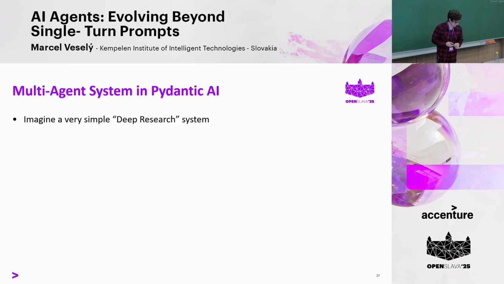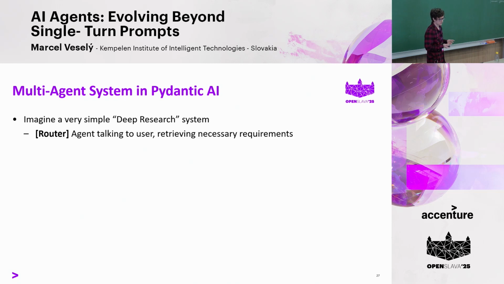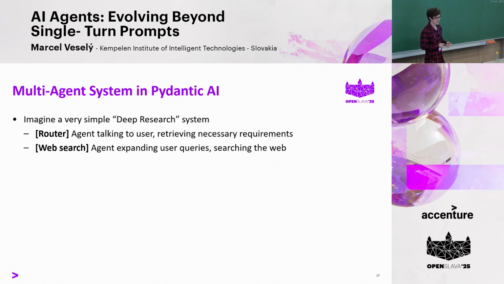Okay. And now we will take a look at how we can actually implement these multi-agent systems in Pydantic AI. You could imagine a very simple deep research system composed of 3 things. We've got a router, an agent talking to the user, retrieving necessary requirements, and then a web search agent expanding user queries, like creating multiple synonymous queries that would be used for searching the web.